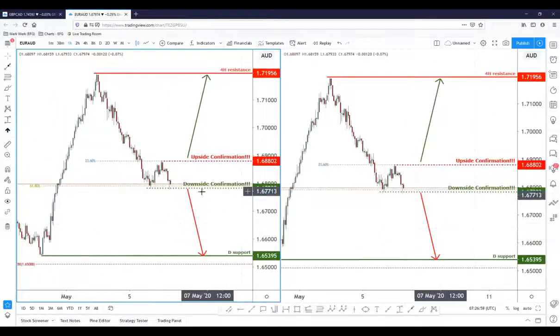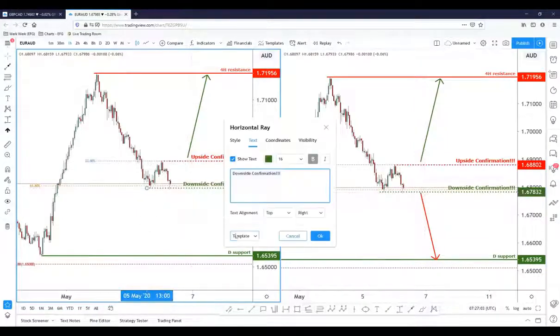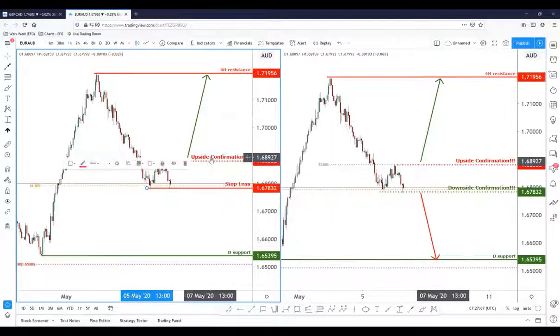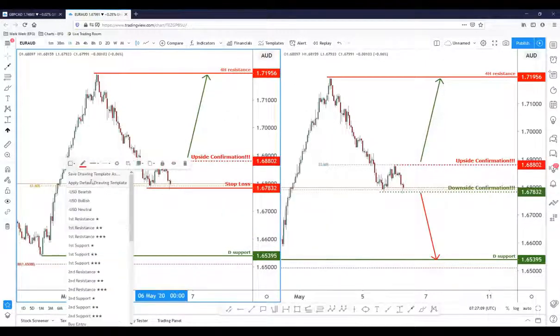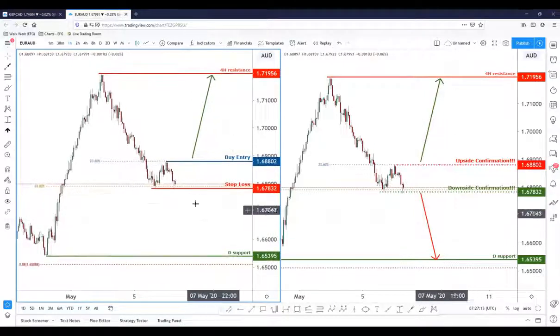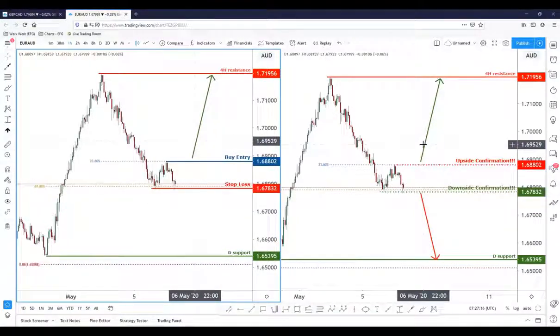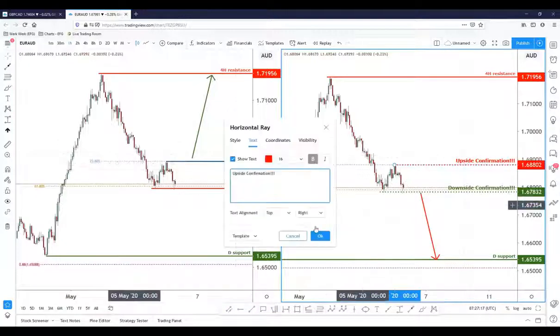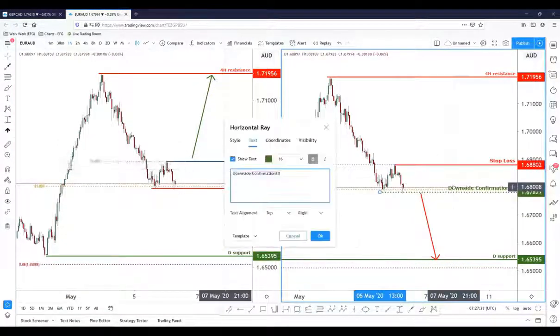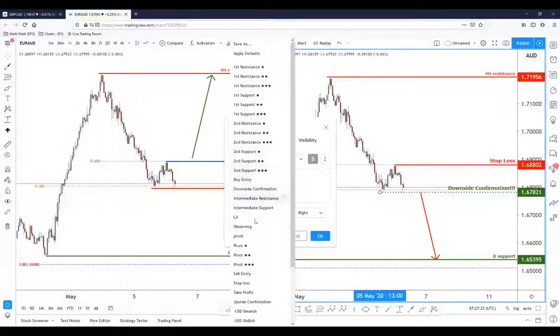I will just give you the two scenarios right now. Okay, so this becomes the stop loss. This becomes our buy entry. Okay. And then if it's a bearish case, this becomes the stop loss. And this becomes the sell entry.